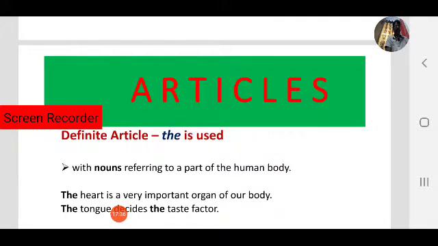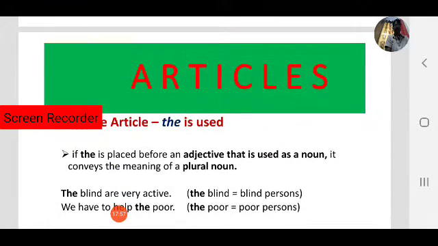The heart, not a heart, not an heart. So before organs, the heart. The tongue decides the taste factor. Here is another example.